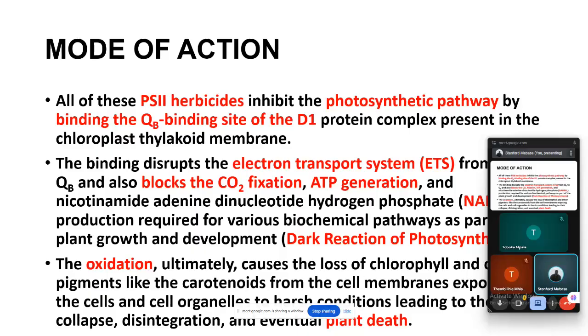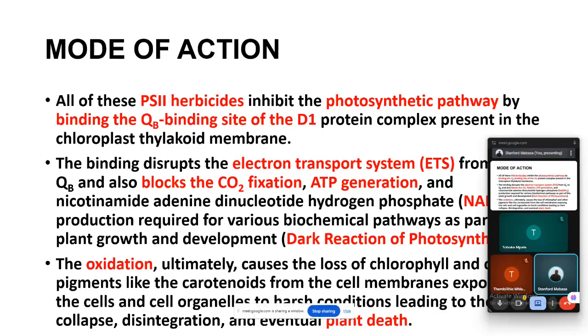So it can block CO2 fixation and ATP generation, as well as the NADPH generation.